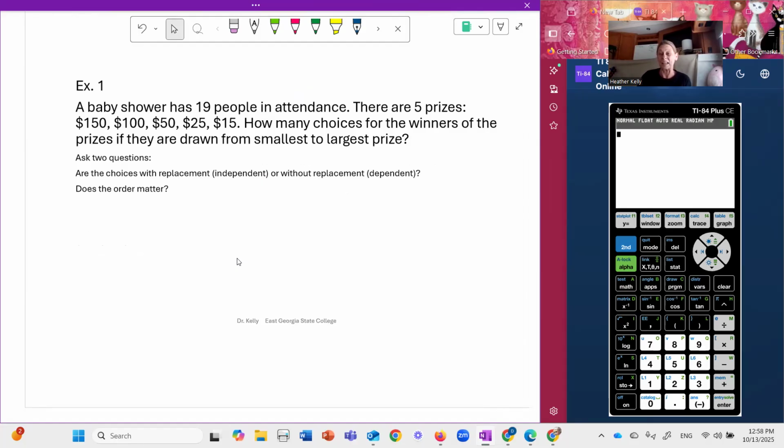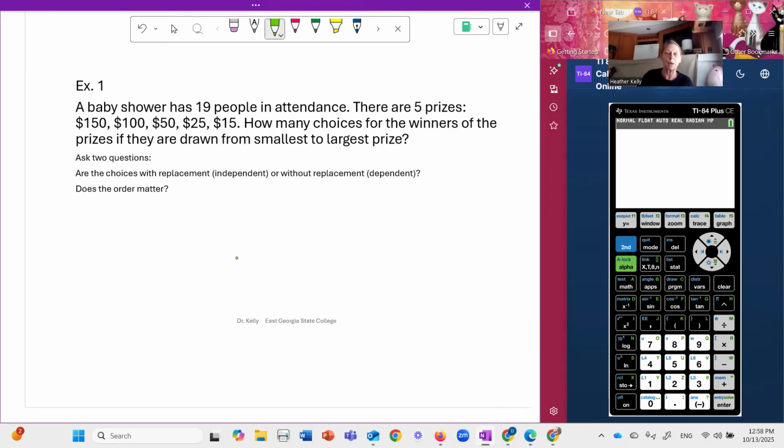So that indicates that there's some sort of order that's important. Okay. But also you could infer from the fact that the prizes range from $150 to $15 that people would probably prefer to get a $150 prize versus the $15 prize. Okay. So that tells us that order does matter.